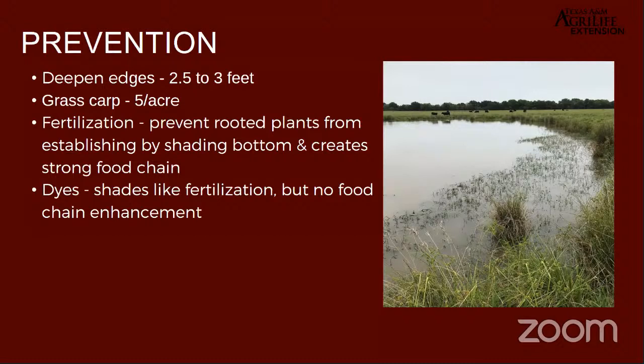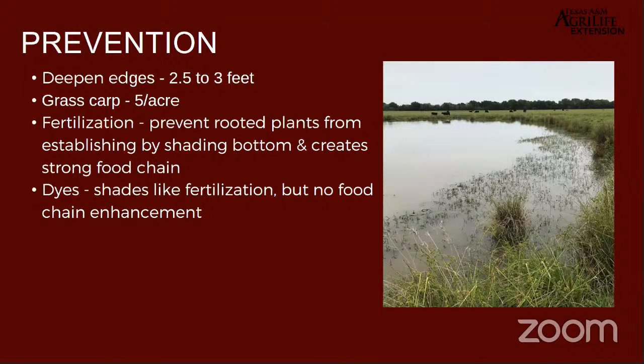So again, that's the overall goal in prevention. But this also helps create a strong food chain for your aquatic organisms. So this actually provides a boom in these phytoplankton, which again increases dissolved oxygen. And then your zooplankton feed on that, and then your larval fishes, and then you can see how that progresses to maybe some of your larger fish that you want out of your pond.